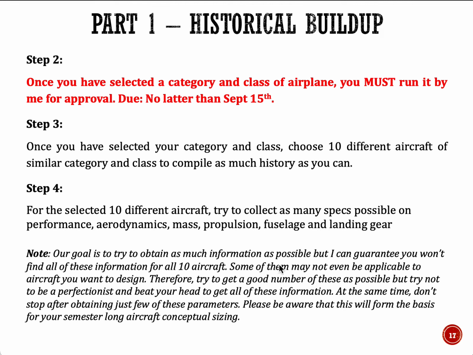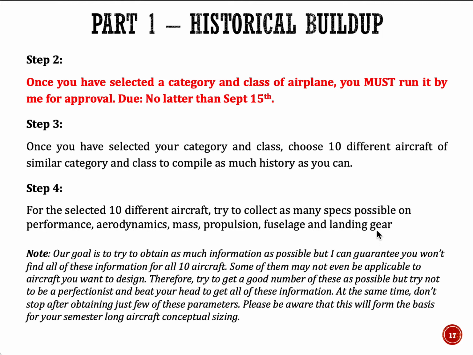And some of the parameters that we're going to talk about may not even be applicable to the aircraft that you want to design. So it's up to you to choose a good chunk of these variables, these parameters, where you can actually collect data and use it to plot some trends. Again, don't just collect two or three data points in each category.